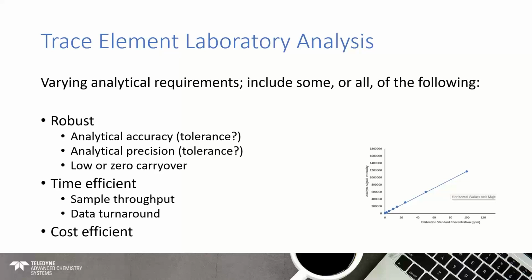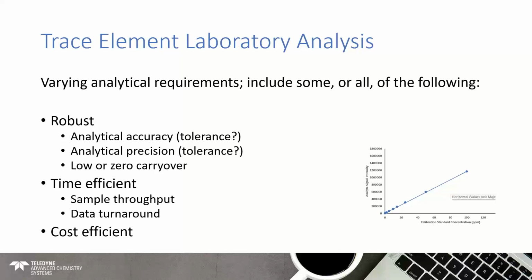Analytical robustness, accuracy and precision of analysis is key to having good quality data that is then reported. That accuracy and that precision will have to fall within a certain tolerance for that laboratory environment, and that tolerance is going to vary according to the lab that we're working in.